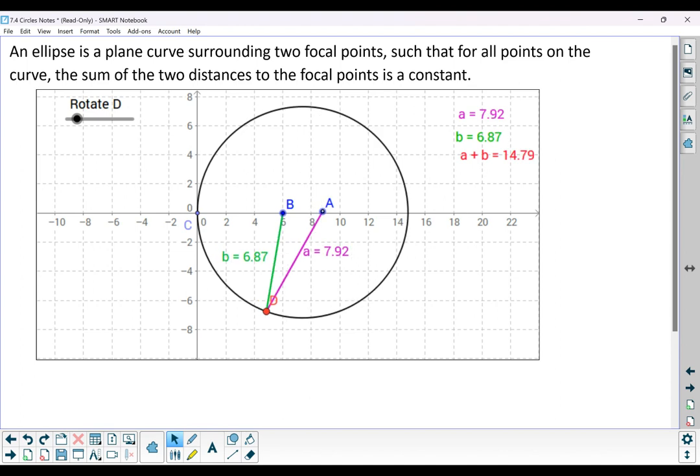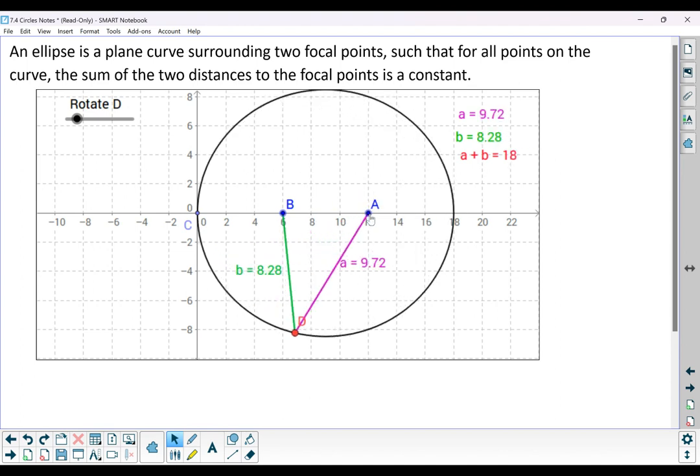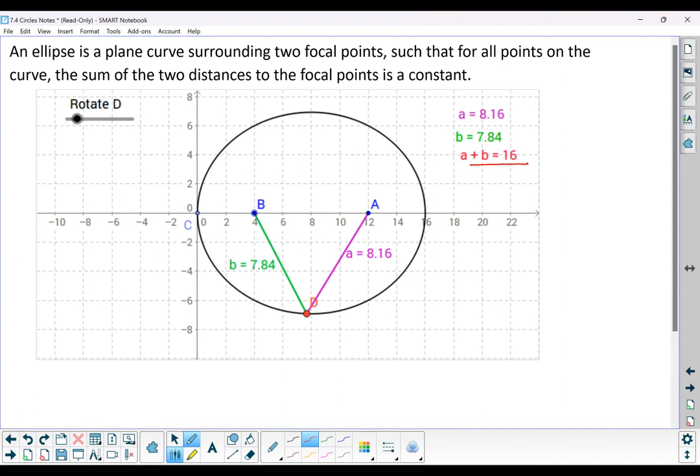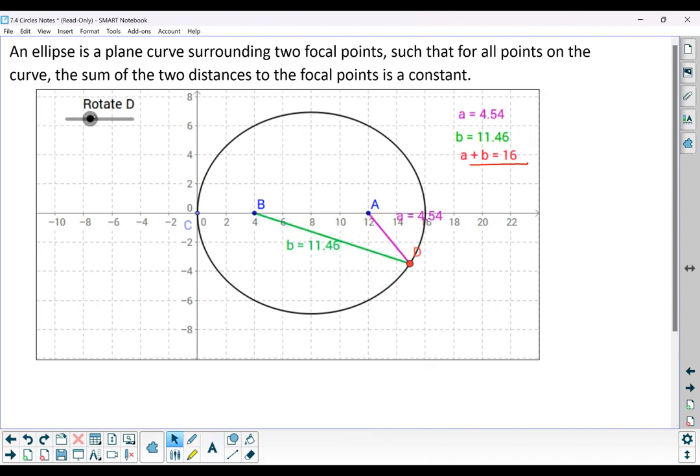If I take one of those focal points and start moving it away, this is almost a circle, but not quite. This ellipse has what we call a focal length of 16. So the green segment plus the pink segment, maybe that's purple, I don't know, equals 16. And no matter where I rotate that point to on the edge, those two distances are always going to add up to 16.